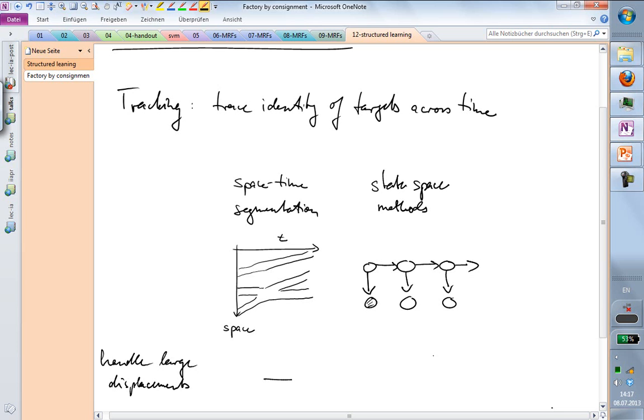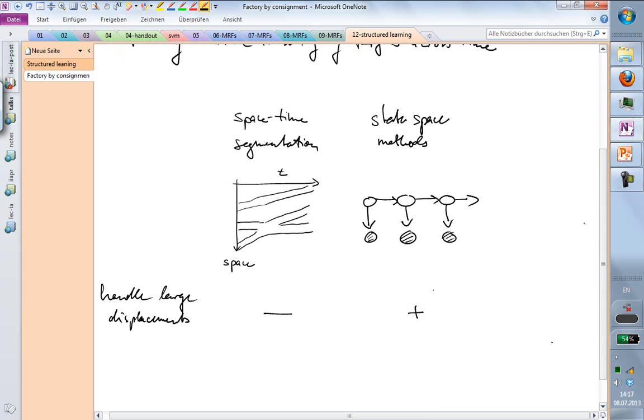We have some variables that are observed, so these are the detections, and then some hidden state that evolves in a Markovian fashion over time. And this allows us to deal also with large displacements by creating a rich representation for the internal state. For example, if I know that I'm tracking a single particle, then I can say what the velocity of this particle is, or what its initial position is, and so on.